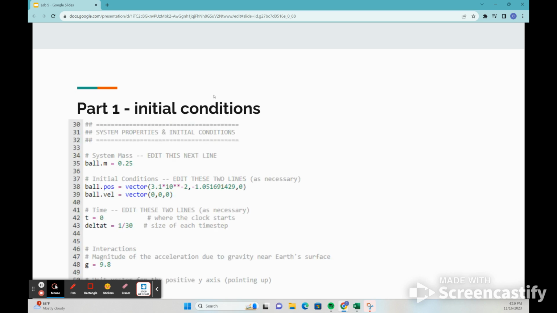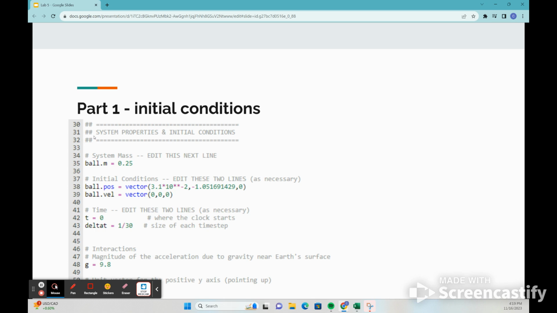So next we have the initial conditions. The object in this particular lab is the Slinky. I estimated that to be 0.25 kilograms, as I just looked up what an average Slinky weighs. I didn't have a way to measure the one they used in the YouTube video that I tracked. The video is linked on the Canvas page if you want to check it out.